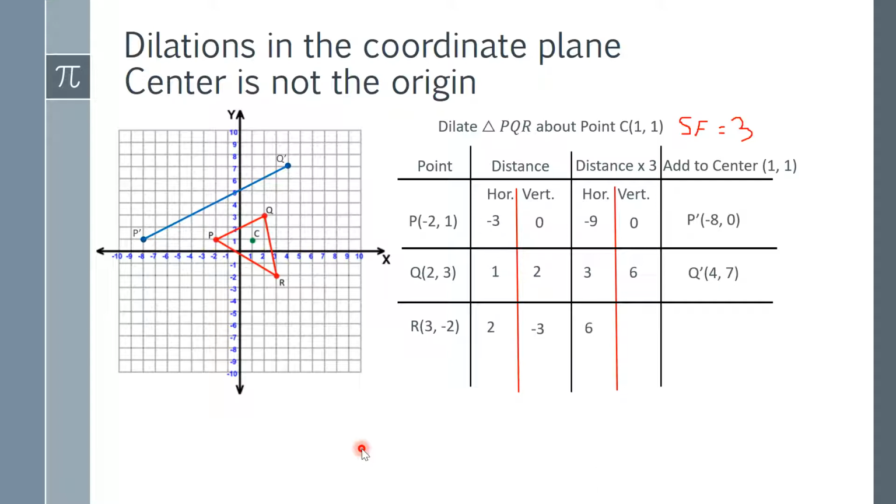Multiply those by 3 because that's our scale factor. That gives me 6 and -9. And again, I'm going to add these values to our center. So 1 plus 6 is 7. And then -9 plus 1 is -8. So that's going to be my new point, which will be (7, -8). And so there is R prime, the dilated figure.